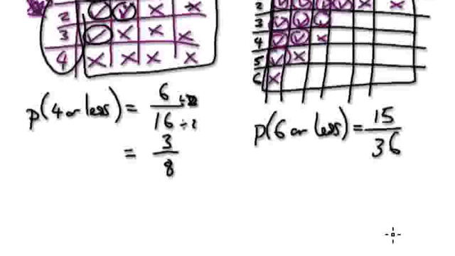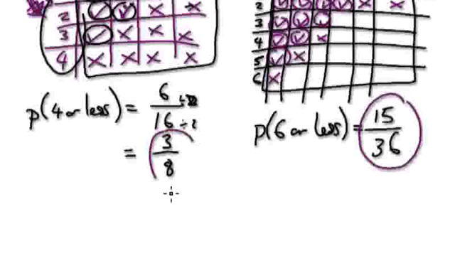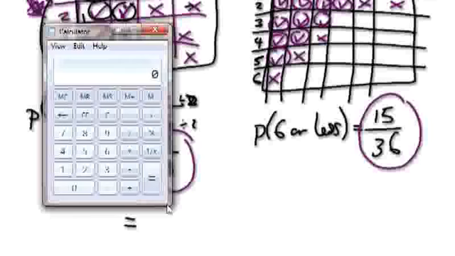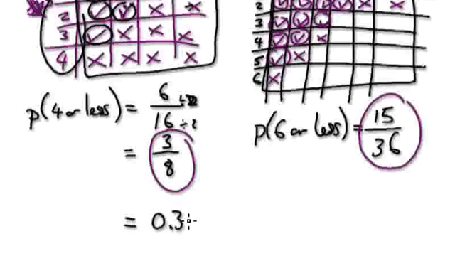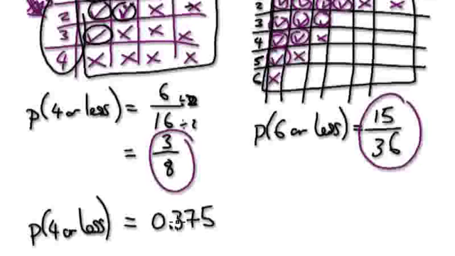Okay. So here, we've got to compare the fractions now. Not very good at comparing fractions. So let's jump to a calculator and convert it to a decimal. So 3 divided by 8 equals 0.375. So the probability of us getting a 4 or less is 0.375.